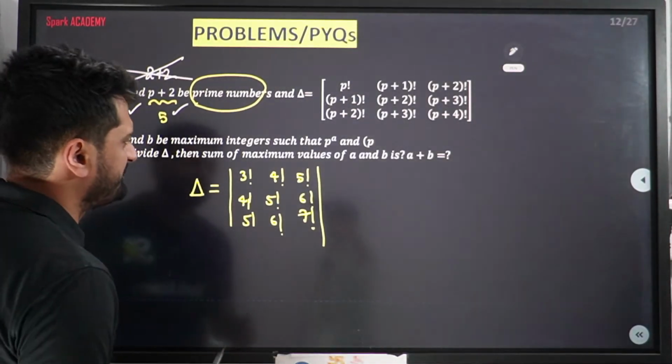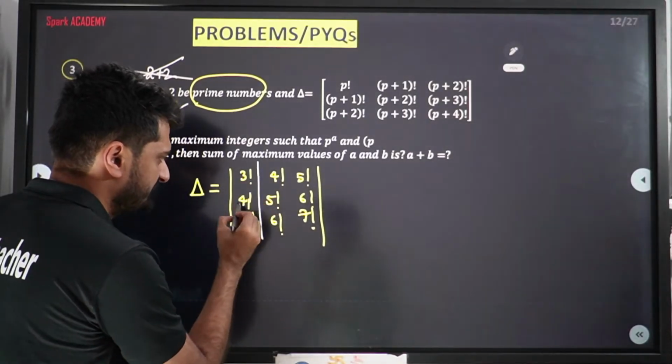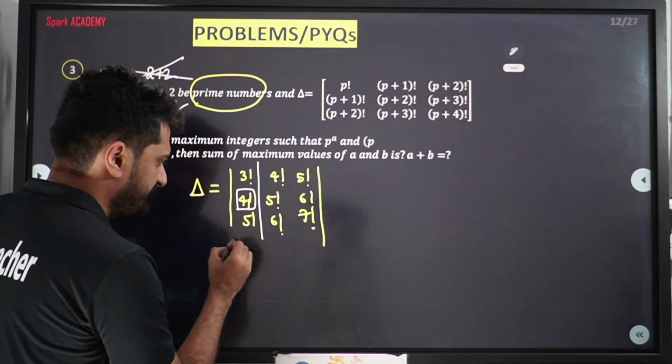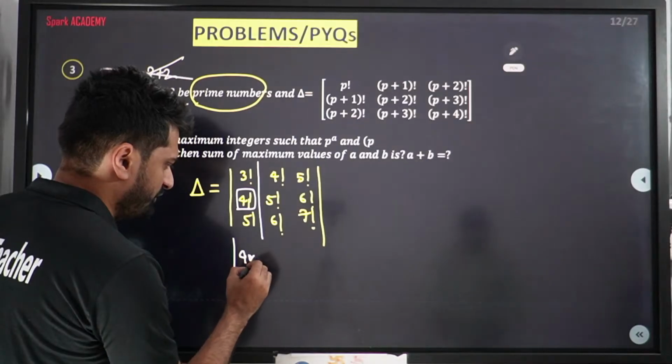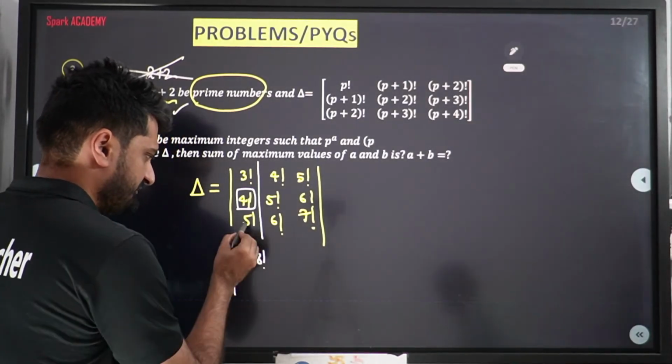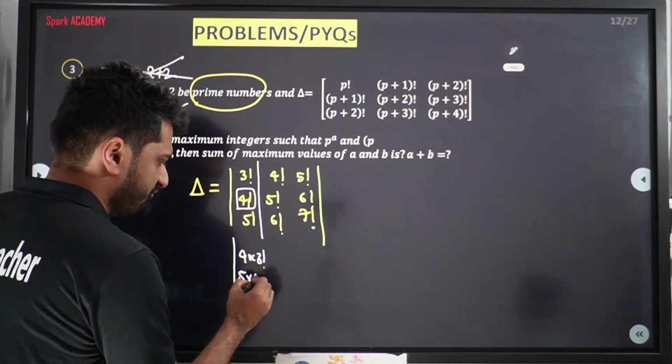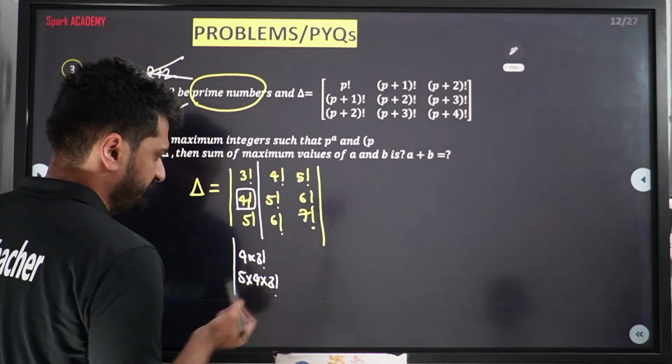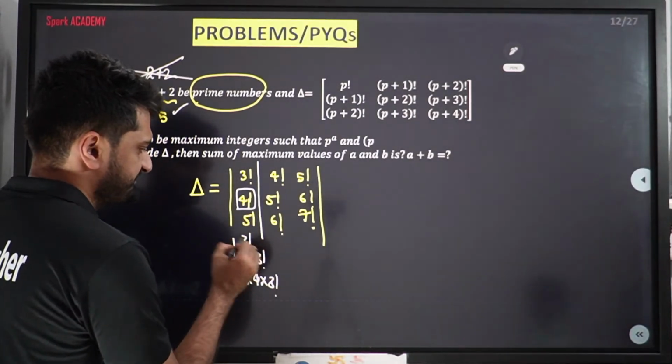So now we are trying to write this. Ippudu manam em rastunnamo column wise తీసుకుందాం. ఈ 4 factorial ni I can write it as 4 into 3 factorial. 5 factorial ni I can write it as 5 into 4 into 3 factorial. Ikkada 3 factorial as it is.